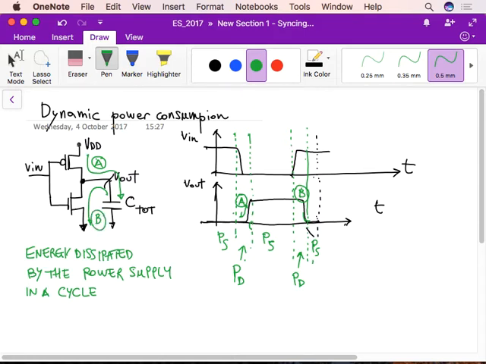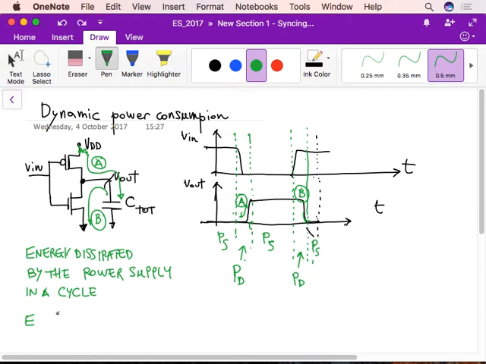So if you consider the supply voltage generator, the battery, it has to provide the charge during A, and then during B it only collects the charge at the other electrode. Okay, that's it. So if we want to compute the energy, we just need to integrate the instant power consumption.